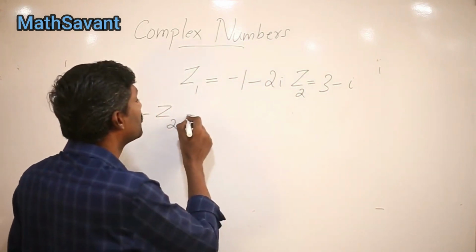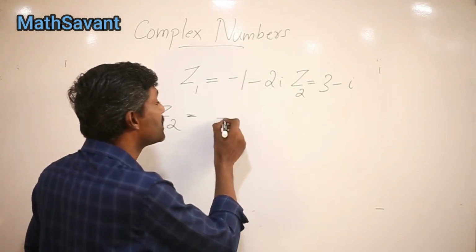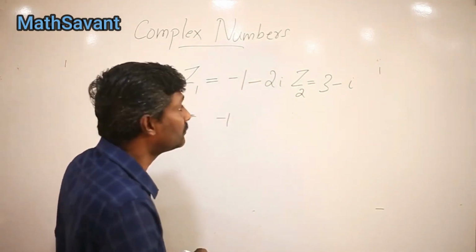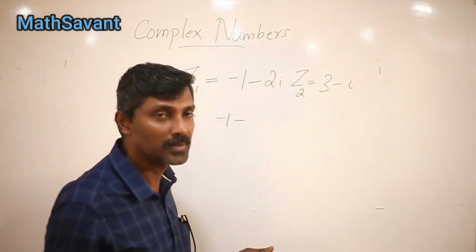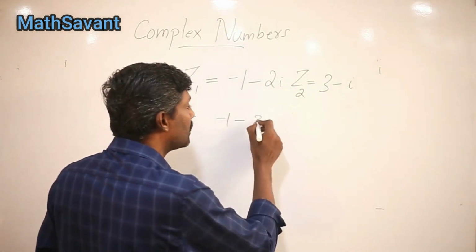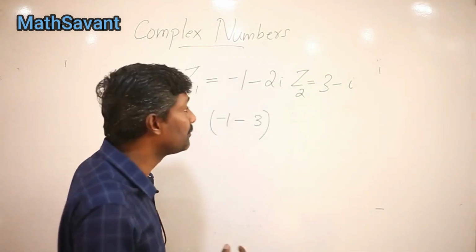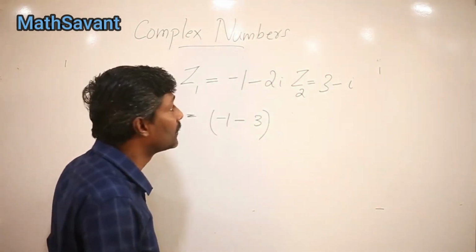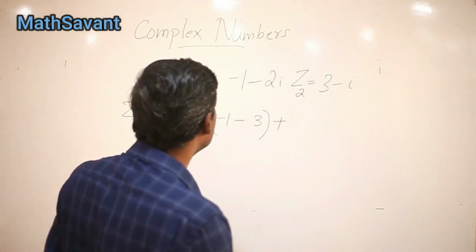How do we find that? Very simple. The real part of the first complex number is minus 1. Write it down. Minus the real part of the second complex number is 3. Write it down. So that is the first part, the real part of your answer. And then plus, put a plus sign. Okay?